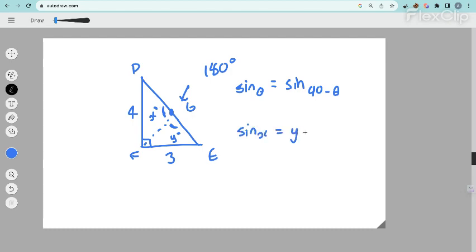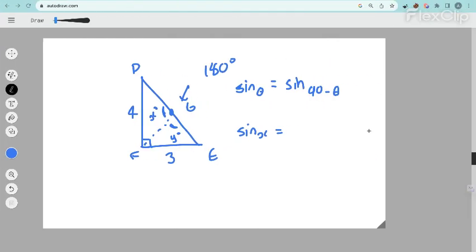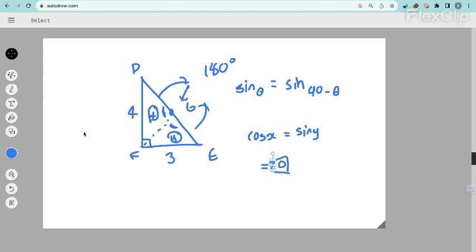This will equal that, because these two add up to 180 degrees. So if you subtract them from each other, your answer is 0.